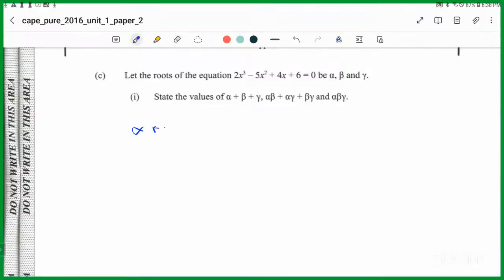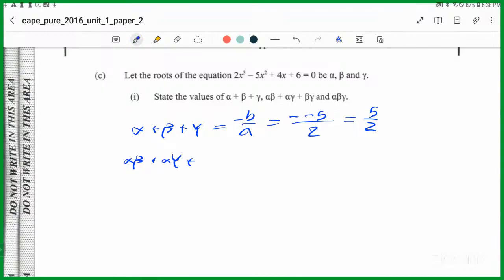So the sum of the roots, alpha plus beta plus lambda, is minus b over a. This is b, so it's minus negative 5, and this is a, which is 2, so it becomes 5 over 2. And the pairwise product, alpha beta plus alpha lambda plus beta lambda, is c over a.